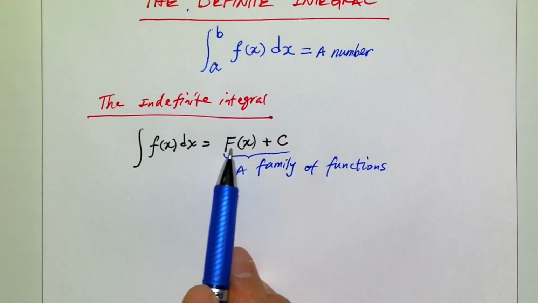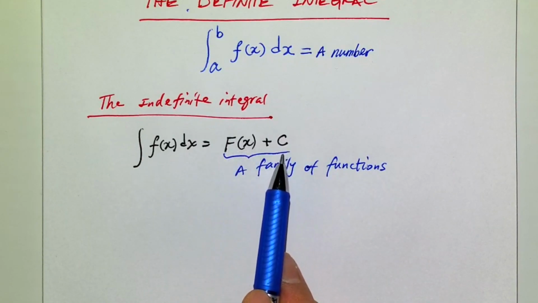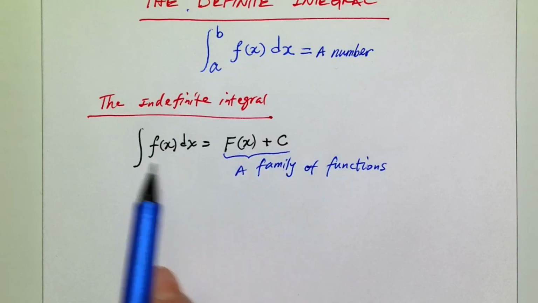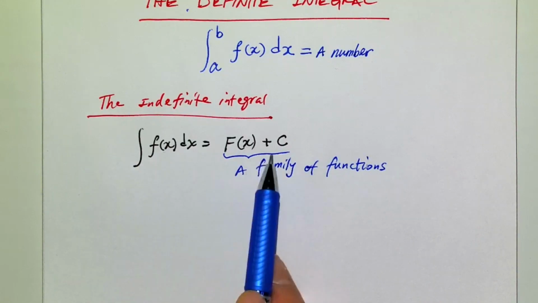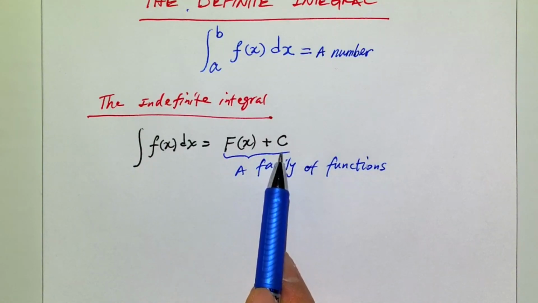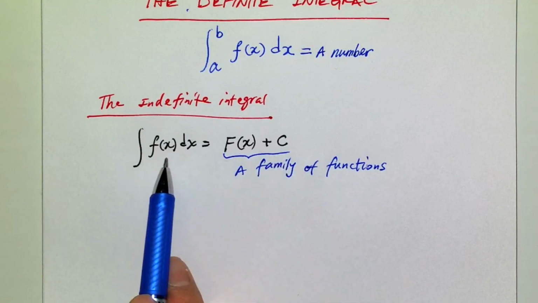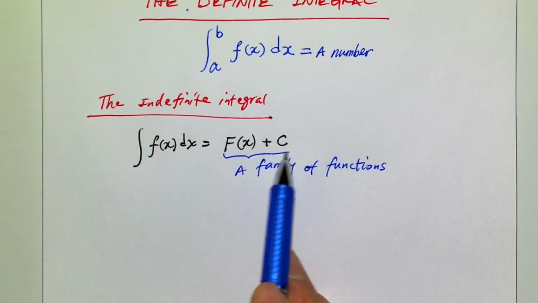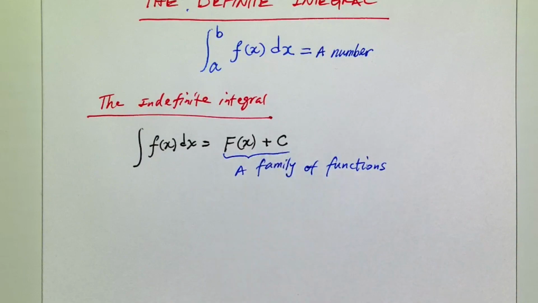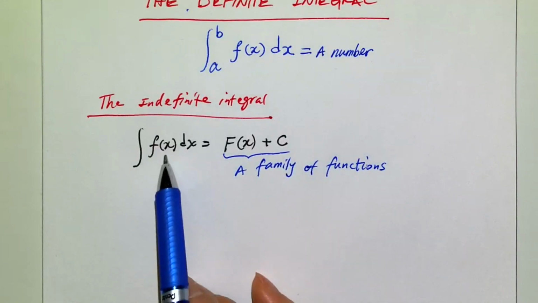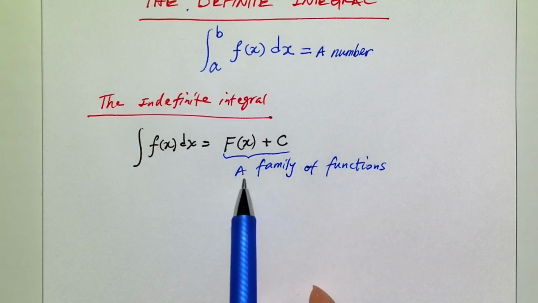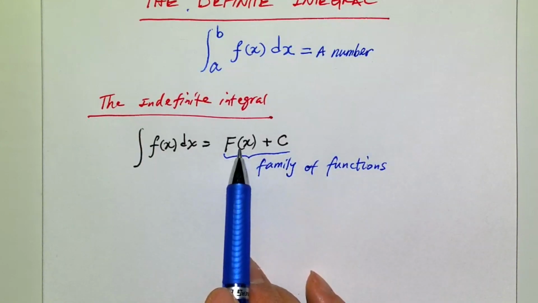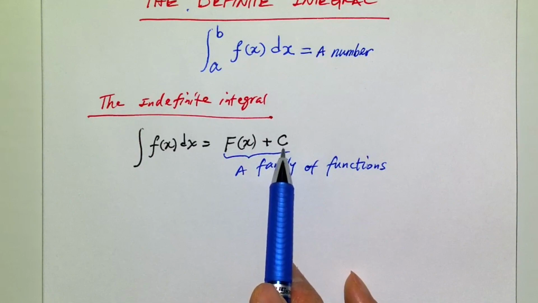Because if you take the derivative of this function, and if that constant is 100, you're going to get the same derivative, which would be f of x, as if you had c equaling minus 20, you would still get f of x, even though the constants are different. In the parent function, the c values are different, but the derivative would be the same. So the distinguishing element among the different family members of this function depends on the value of that c.